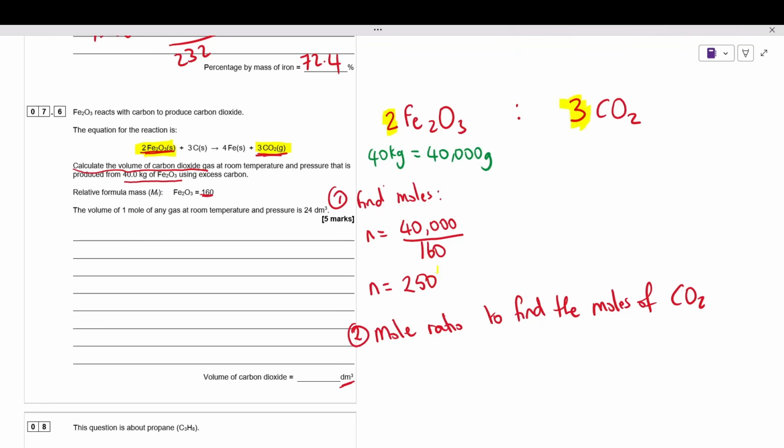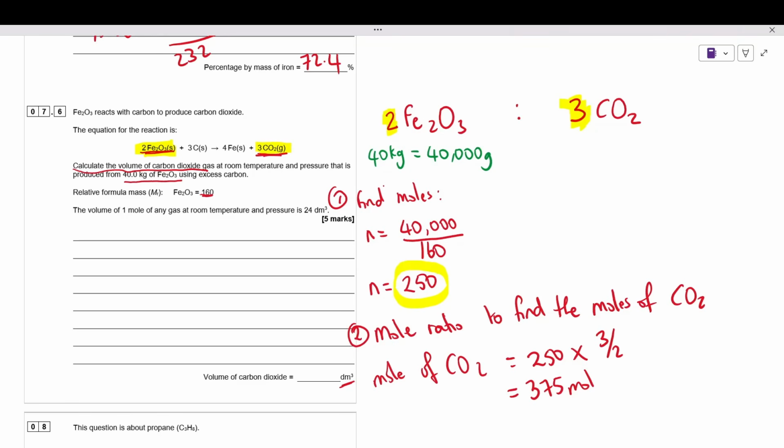So it means that this represents 2 moles. So I need to find what 3 moles would be. Okay, so moles of CO2, I'm going to be doing my 250 multiplied by my 3/2. Okay, and that's going to give me what 3 moles would be, and 3 moles is going to be 375 moles. So I know that that's the number of moles of carbon dioxide that is formed.